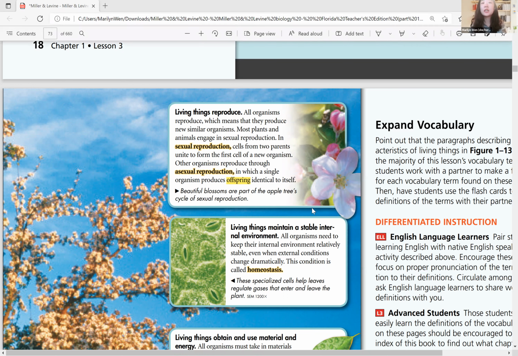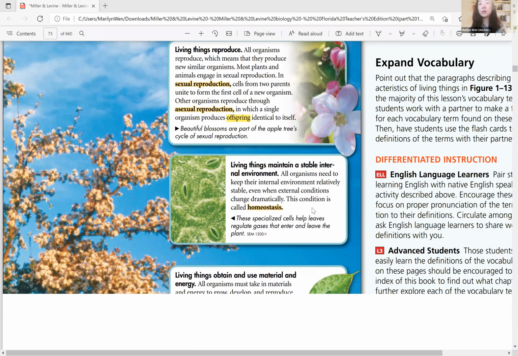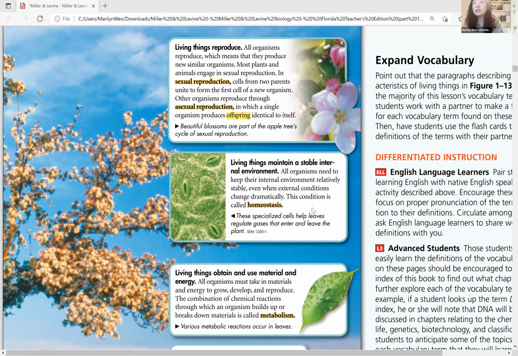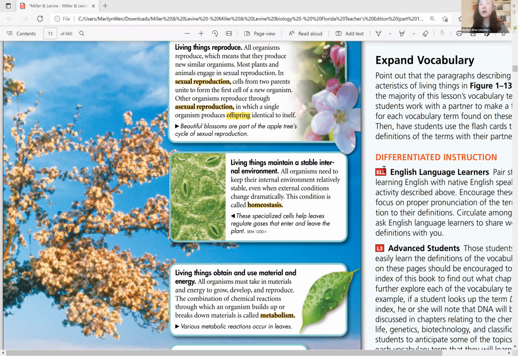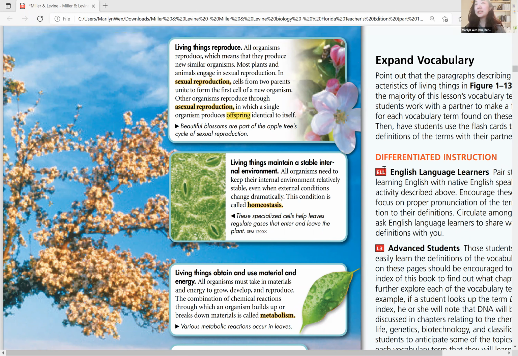The next one is a slightly more complicated concept, homeostasis. What is it from what you read? It just makes our human body more stable, like the temperature of the human body.